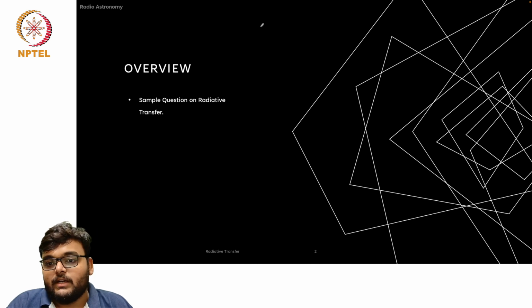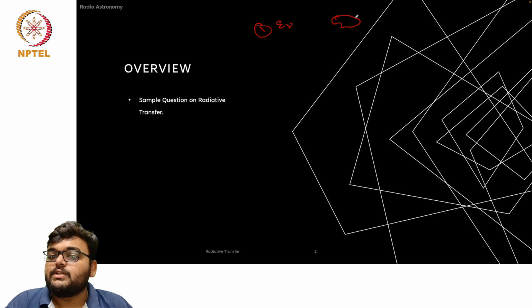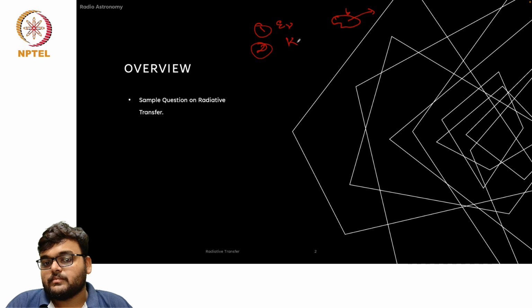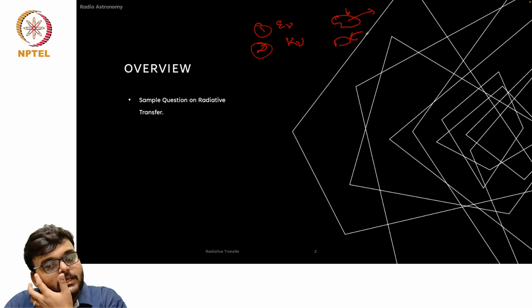If I define it, there are four kinds of radiative transfer. The first one is emission, where a medium, for some reason, is emitting some radiation, and due to this emission the system is cooling down. The second one is absorption, where a medium is absorbing all the electromagnetic radiation coming from the surroundings.